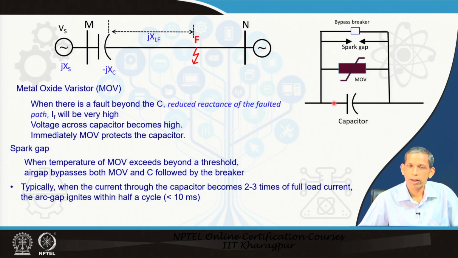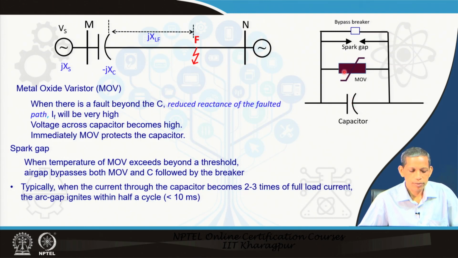When the current through this capacitor becomes high, the I X drop across the capacitor becomes very large during the fault, and thereby the voltage across the MOV becomes high. So, the MOV triggers immediately, and significant current passes through it, and thereby the current through this capacitor decreases and the voltage is clamped. This saves the capacitor from possible damage.